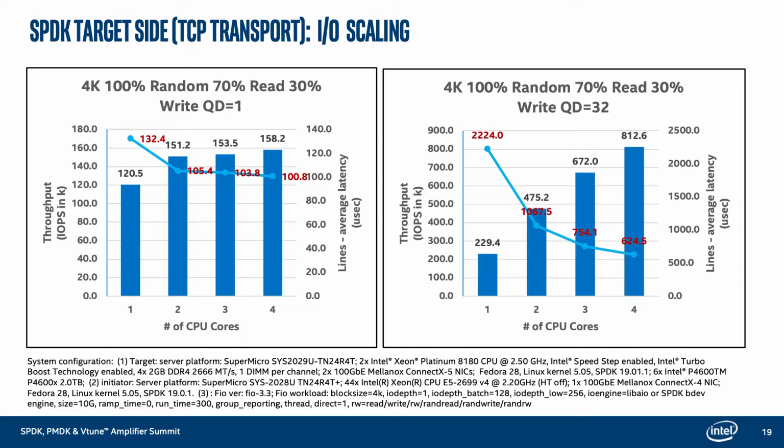And these 2 diagrams show the I/O scaling on the target side. We choose 2 typical workloads. The first is 4K random workloads with 70% read and 30% write, and the queue depth equals to 1. And the second is the queue depth equals to 32.